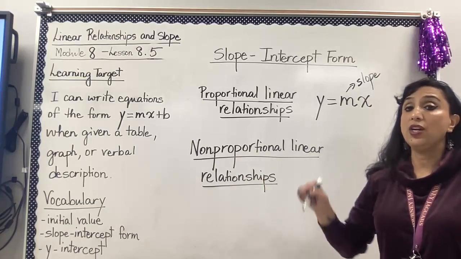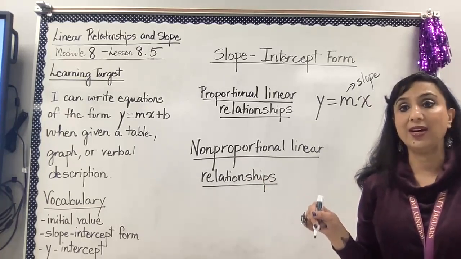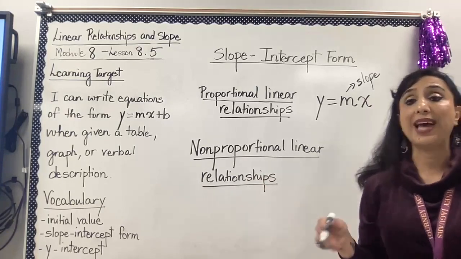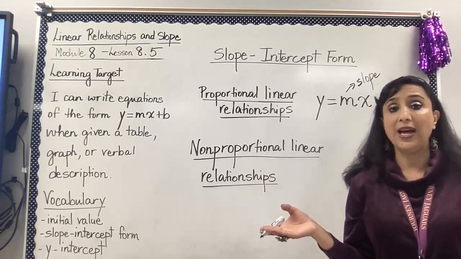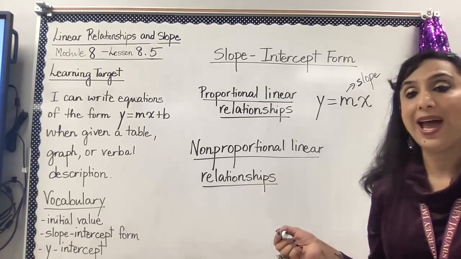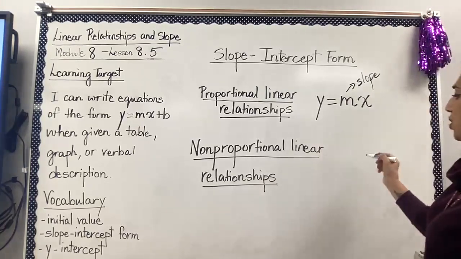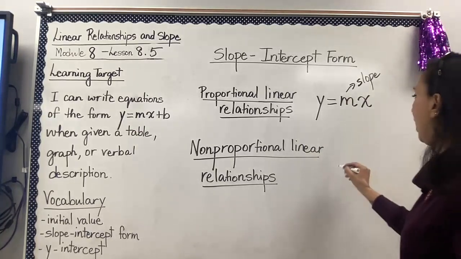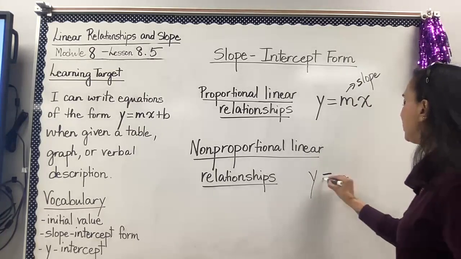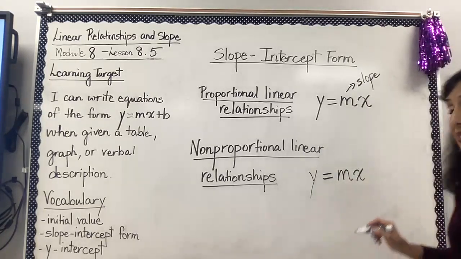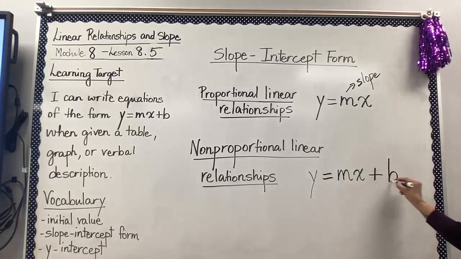Now, for a non-proportional linear relationship, all we are doing is adding on the y-intercept. And so this is called the slope-intercept form also. The first part is exactly like this: y = mx + b.